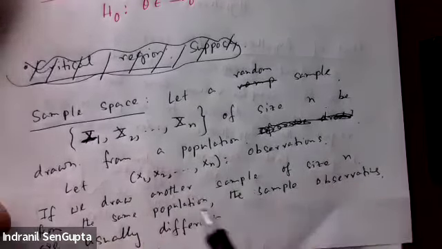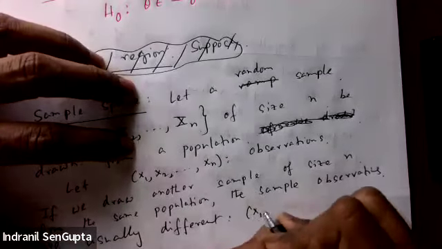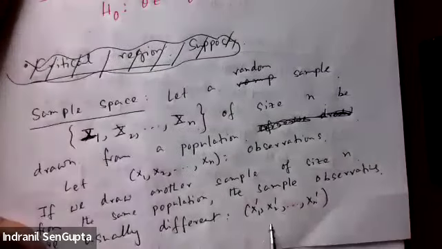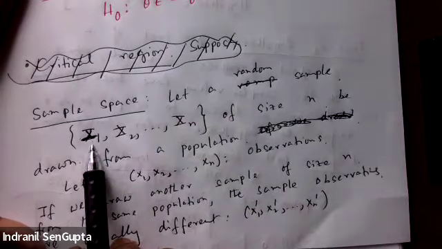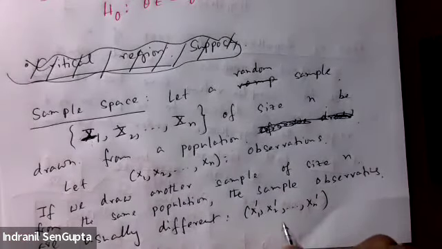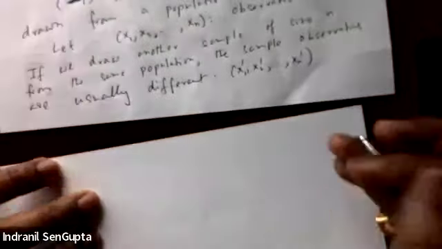It may be, say, x1 prime, x2 prime, ..., xn prime, where x1 prime is coming from the random variable X1, x2 prime is from X2, and so on.